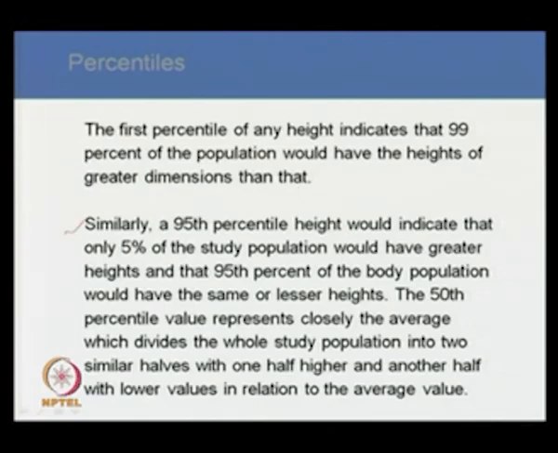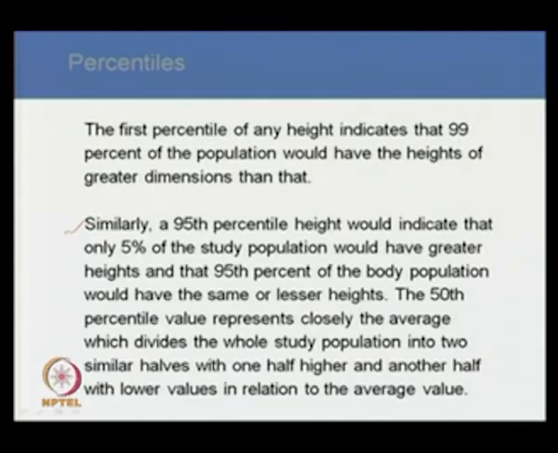Similarly, a 95th percentile height would indicate that only 5% of the study population would have greater heights, and that 95% of the population would have the same or lesser heights.